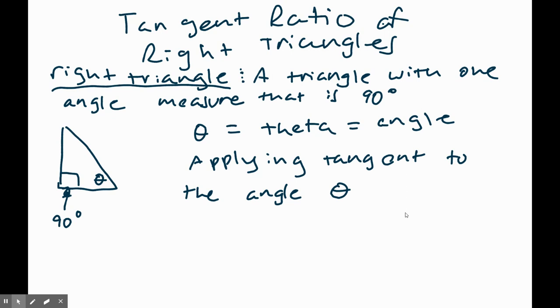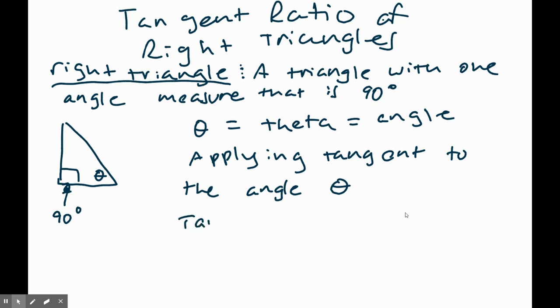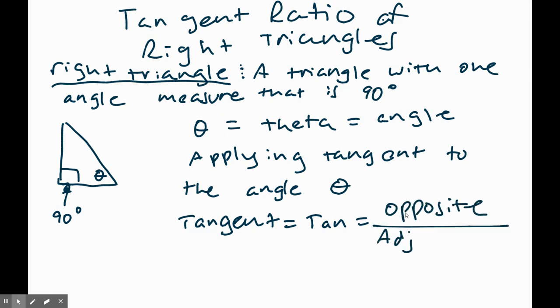And when we're solving for tangent, we can write it out. Tangent, which is equal to tan for short, is equal to opposite over adjacent. And we're going to go over that right now.